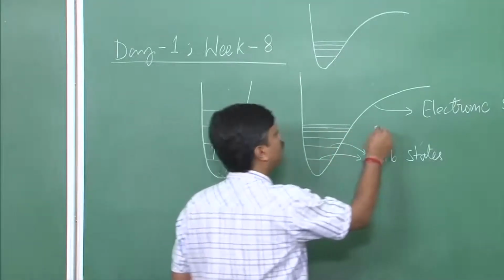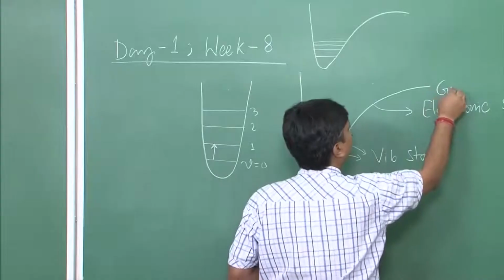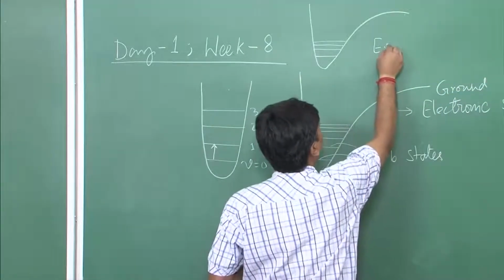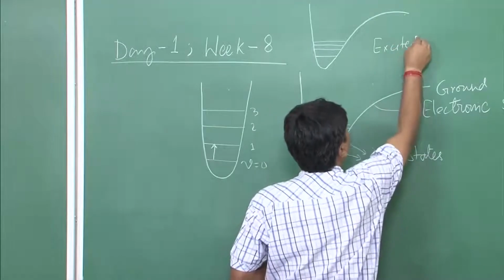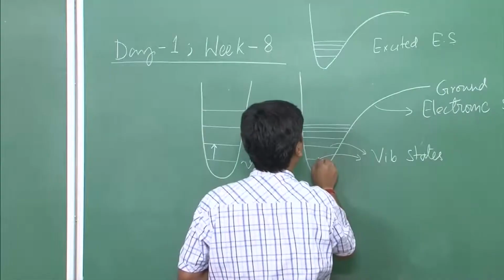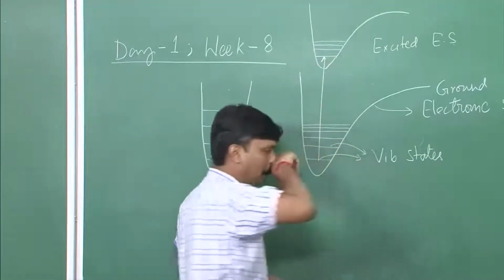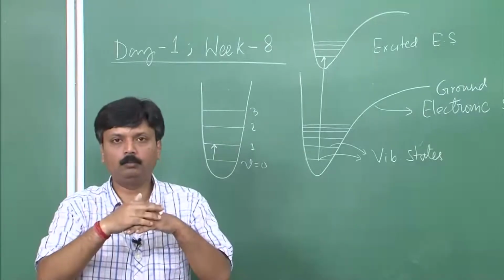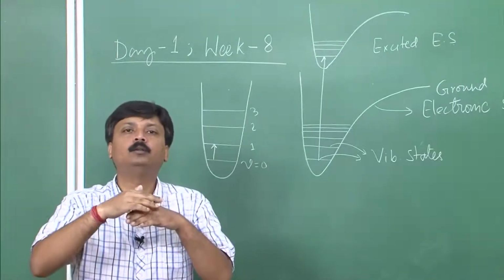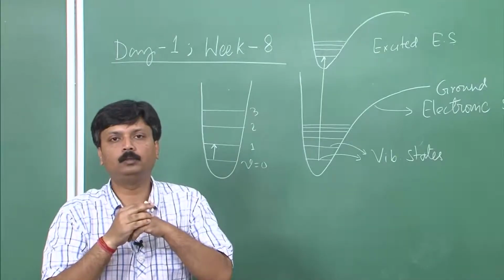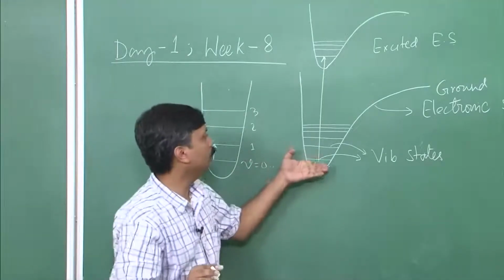Suppose this is my ground electronic state and this is my excited electronic state. A transition from here to here will definitely involve transitions between different rotational and vibrational states within the electronic states.